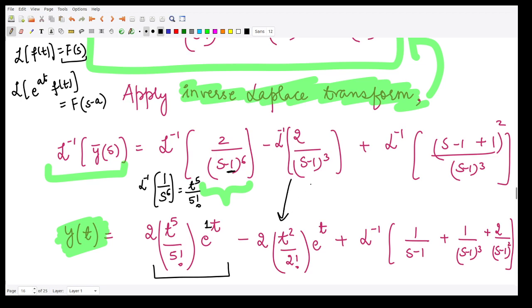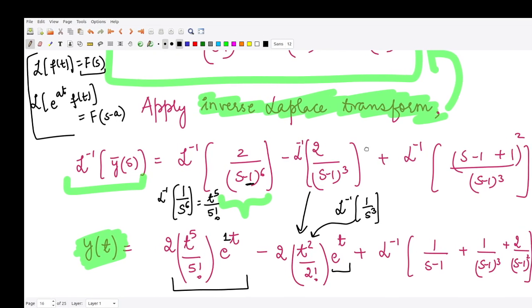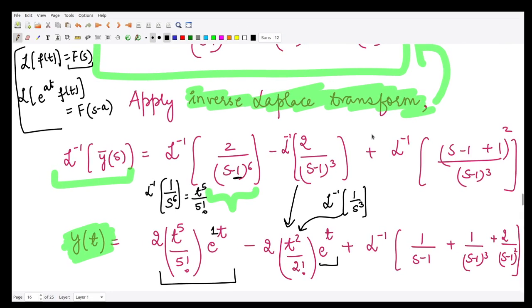Similarly here you will first apply the first shifting property. According to that, you have e to the power t and the Laplace inverse of 1 divided by s cube, which turns out to be t square divided by 2 factorial. And then you have to calculate the Laplace inverse for the quantity s square divided by (s minus 1) whole cube.